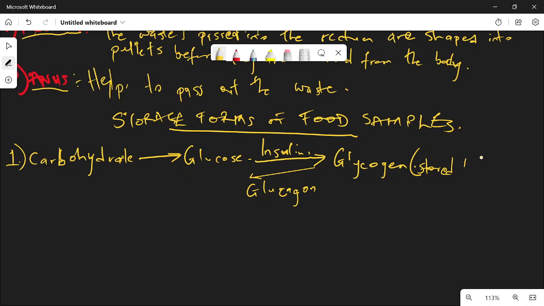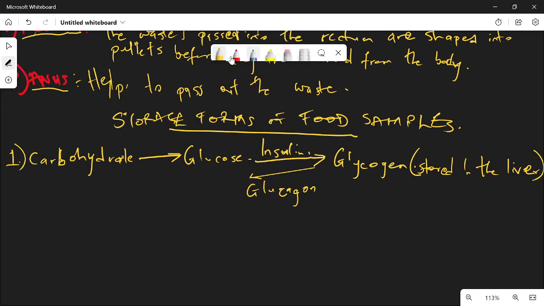When glucose is converted by insulin to glycogen, it is stored in the liver. When the glycogen is produced, after the conversion of glucose by insulin, the glycogen is stored in the liver. And when the body now needs the glucose again, another enzyme is produced.